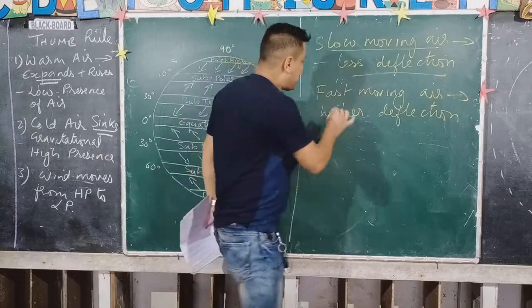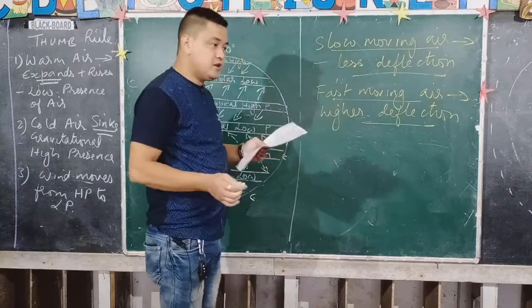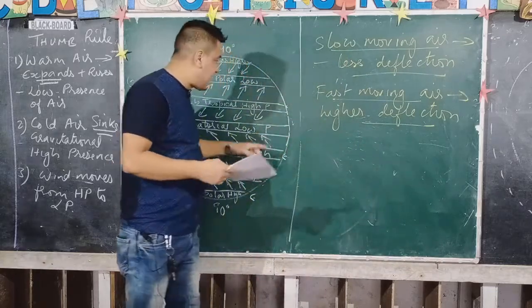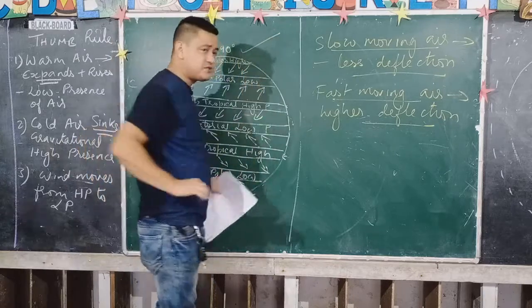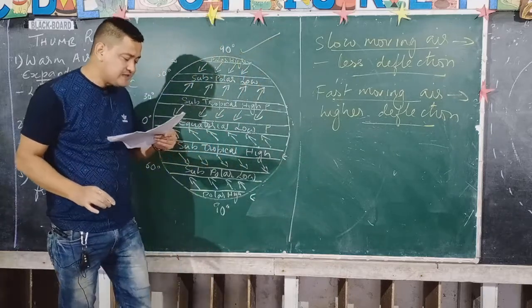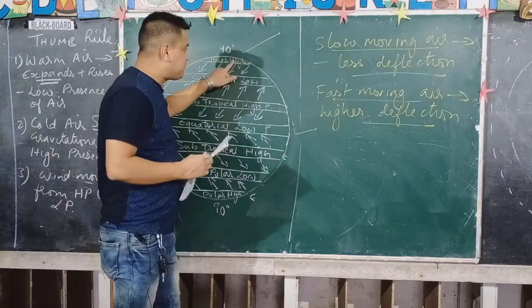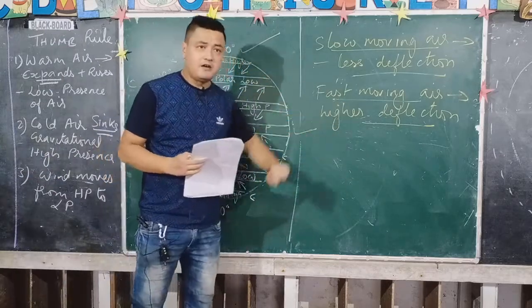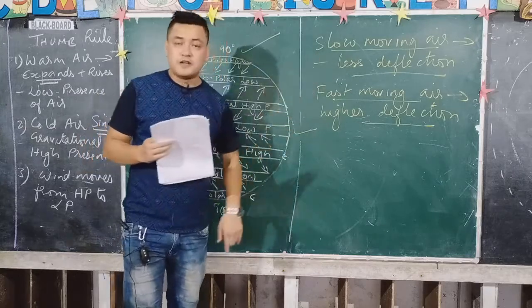Where there is fast moving air, there is more deflection. Similarly, polar regions have higher deflection compared to the equatorial low. So high pressure belts have fast moving air, whereas low pressure belts have slow moving air.